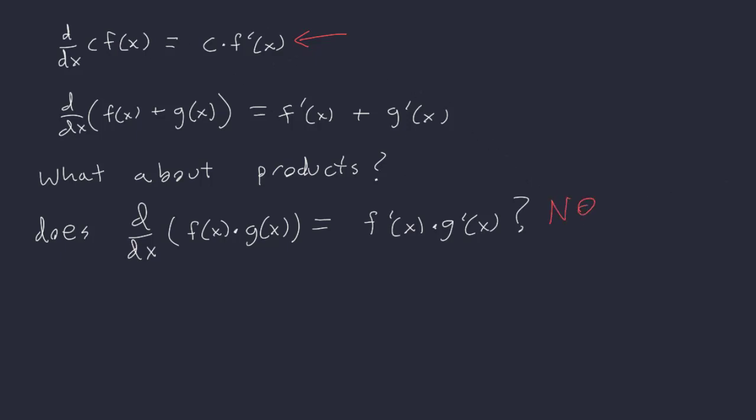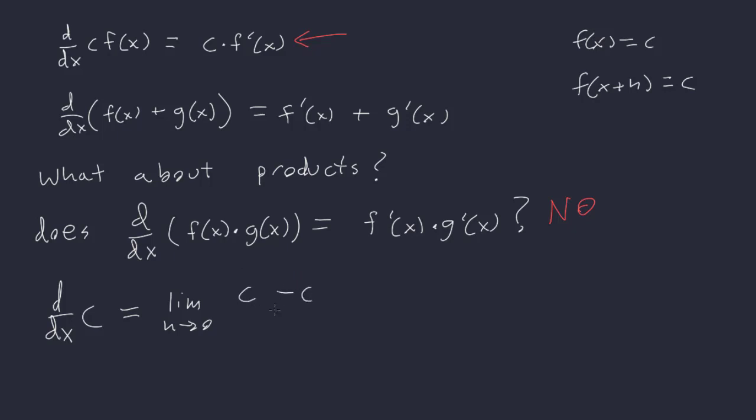So the answer is going to be no, because if we want the derivative of a constant function, no matter what we plug in, if f of x is equal to c, then f of x plus h is also equal to c. So if we take the limit as h goes to 0 of c minus c over h, that's just 0. The derivative of a constant is 0.